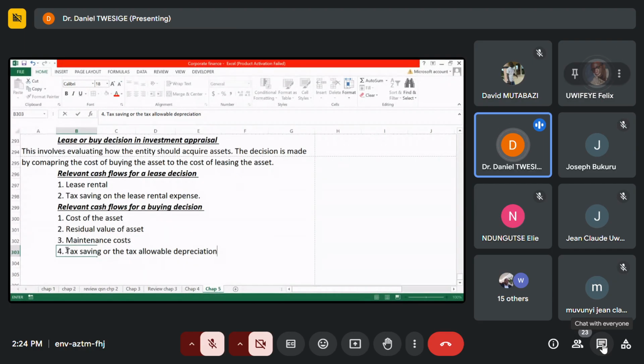But on buying, they must specify whether the depreciation is allowed for tax. In that case, you have to depreciate the asset and then recognize a tax saving on that particular asset. Please, it's very important to look at that very seriously. Otherwise, you may end up making a mistake on it.